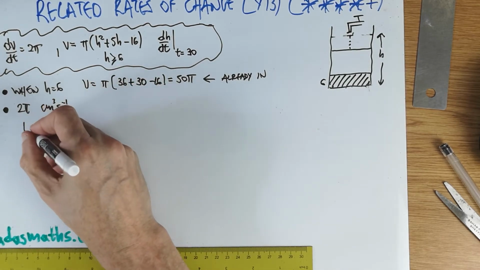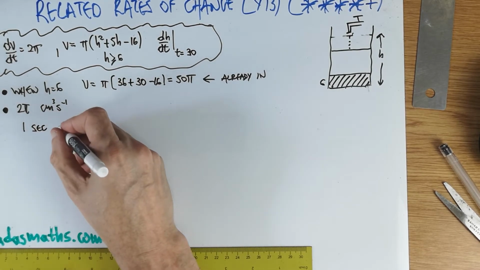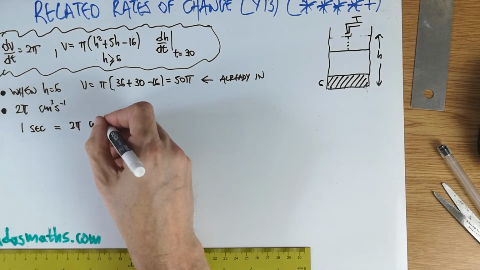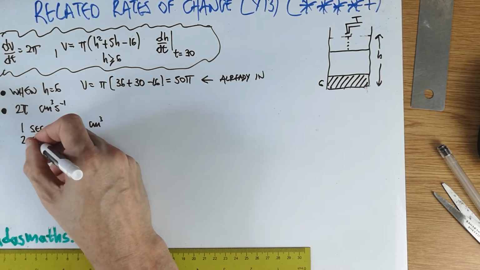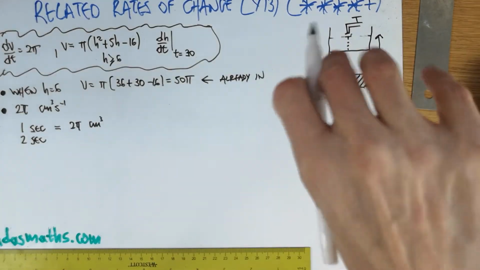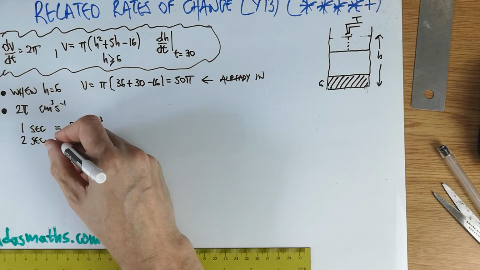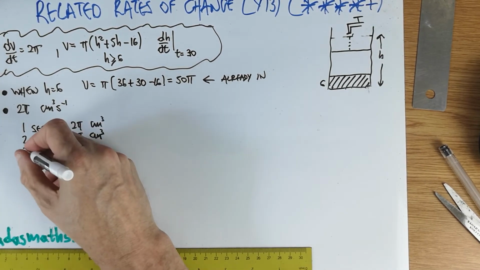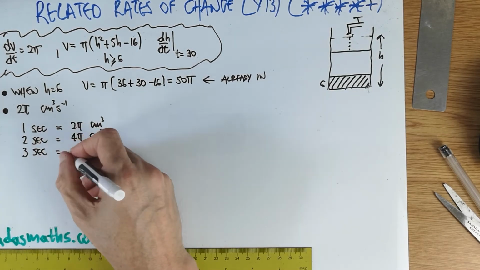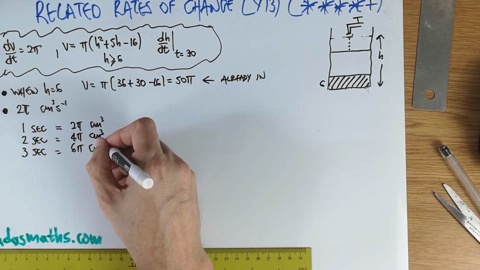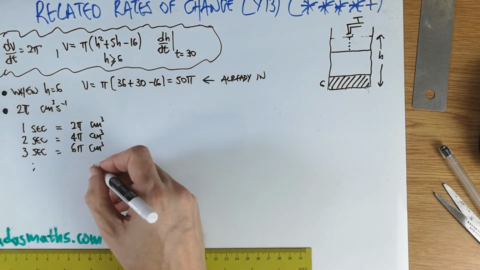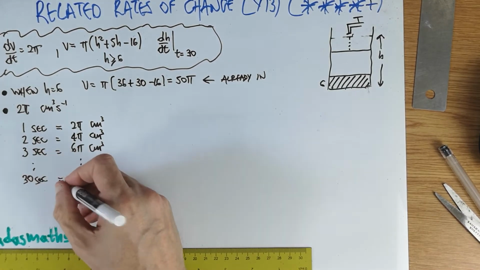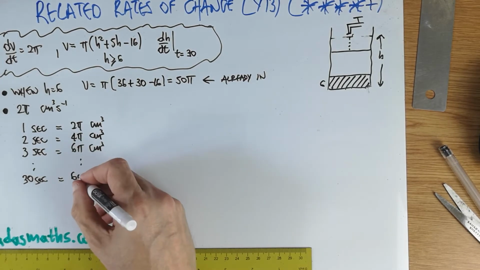It means in 1 second we have 2 pi centimeters cubed. In 2 seconds, because it's constant, the tap is not being turned on and off faster or slower, it's going to be 4 pi. In 3 seconds, 6 pi. In the desired time, which for us is 30 seconds, it is 60 pi.